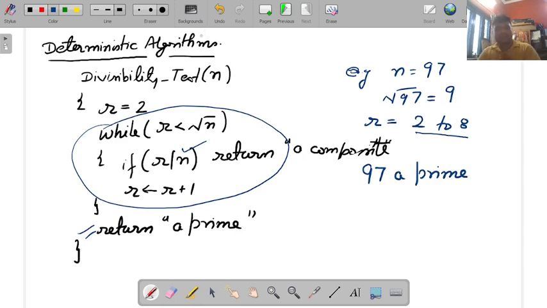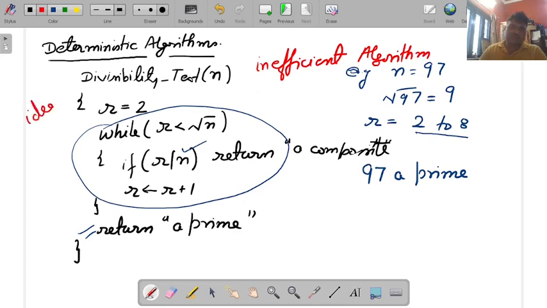So the question is whether it is a feasible algorithm, whether such a kind of algorithm we can use in computers, programming or cryptography. The answer is no. Why? Because this algorithm is inefficient, and it is a kind of ideal algorithm, you can say. It is a good example, but it takes a lot of time. How? For each arithmetic operation we use 1 bit.